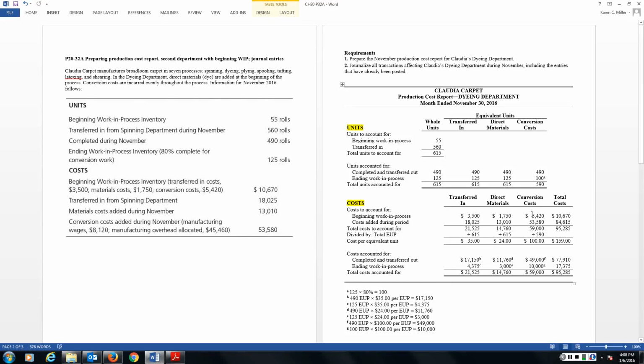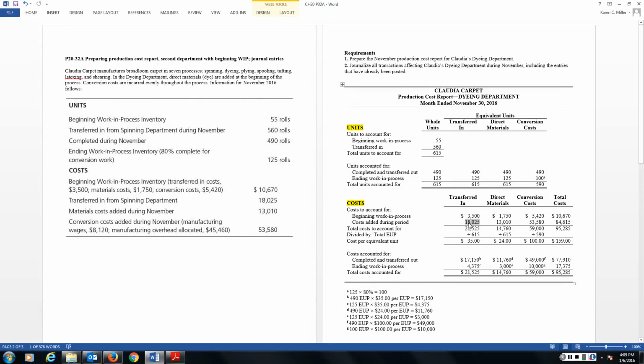But during the period, we added $13,010 of materials. We added $53,580 of labor and overhead. So what is this $18,025? Remember it tells us that these costs were transferred in from the spinning department.